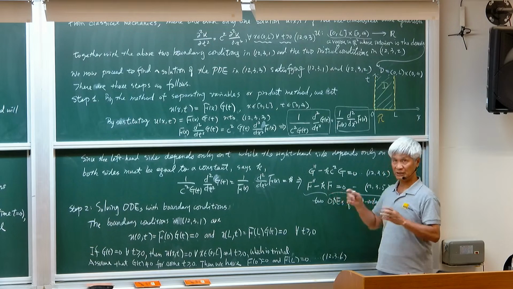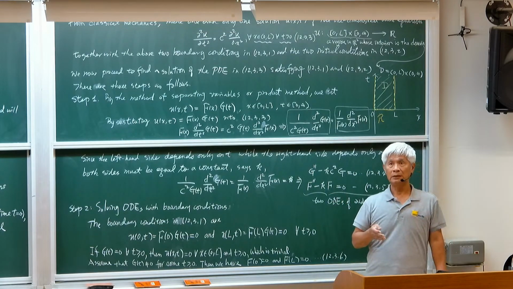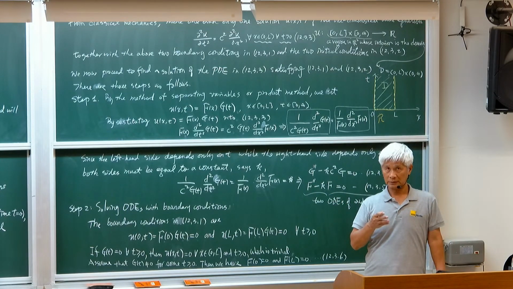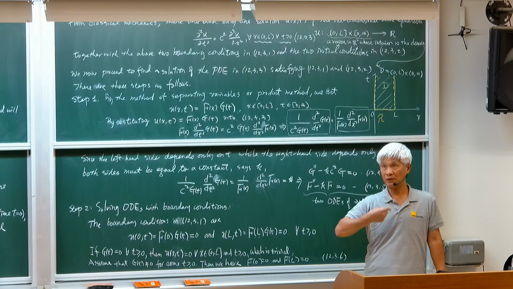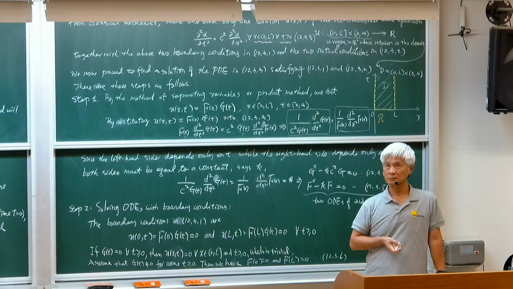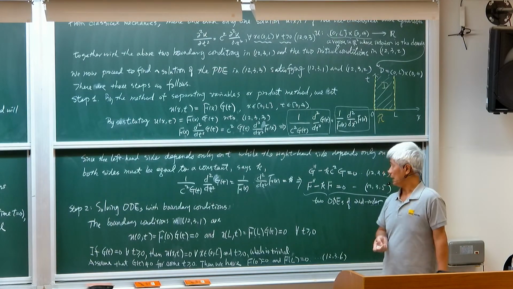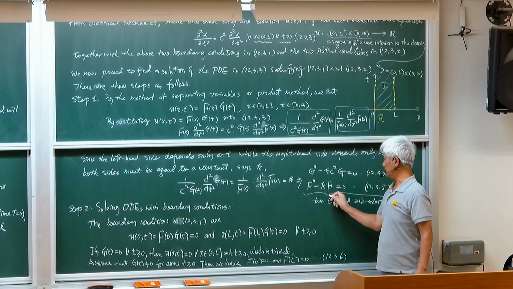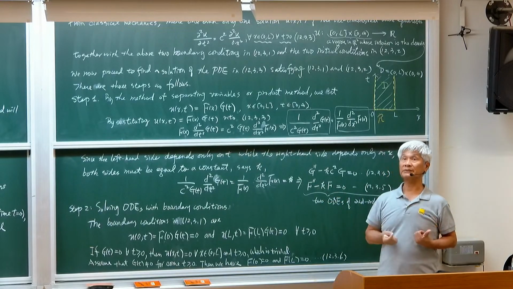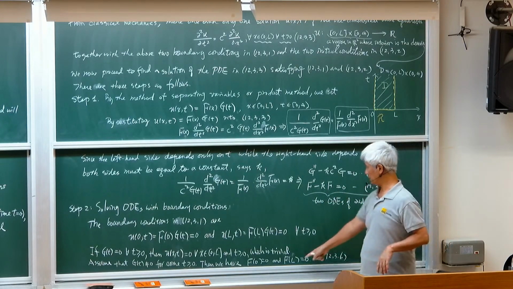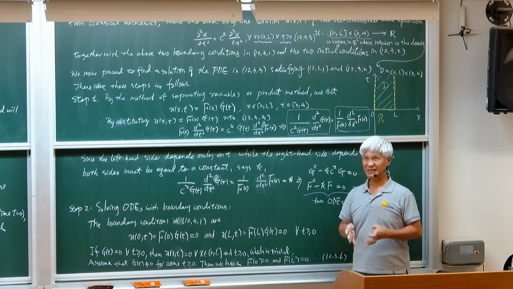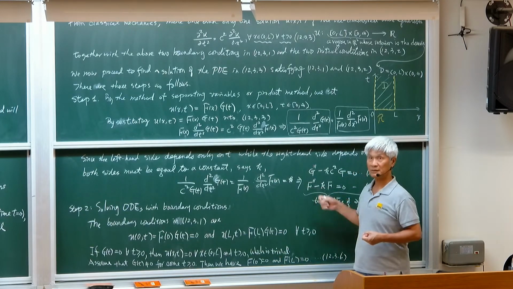This is a homogeneous linear ODE with constant coefficients. From our experience in ODE, we know that the general solution has 2 degrees of freedom, and so with two boundary conditions, we can uniquely determine the solution F.